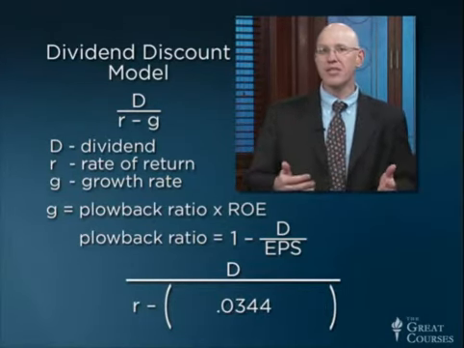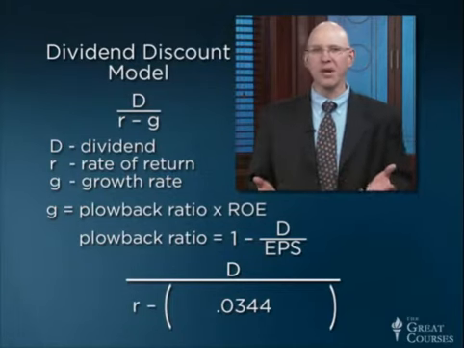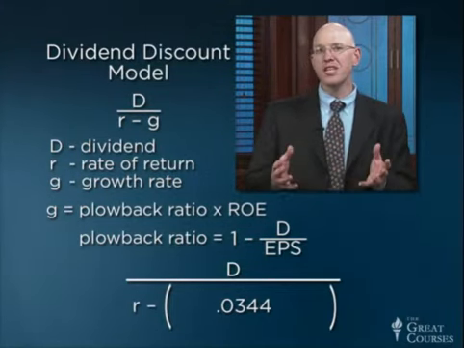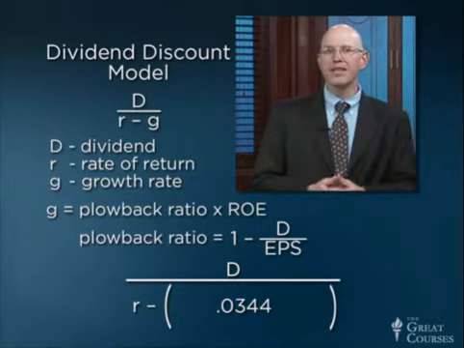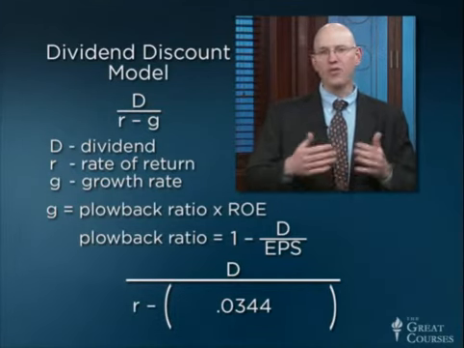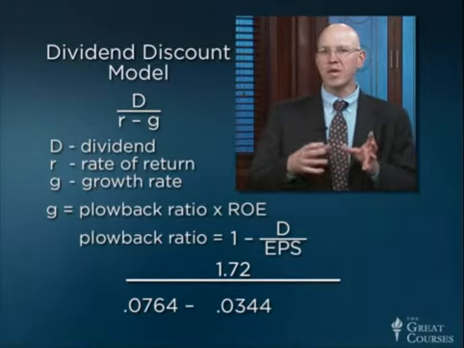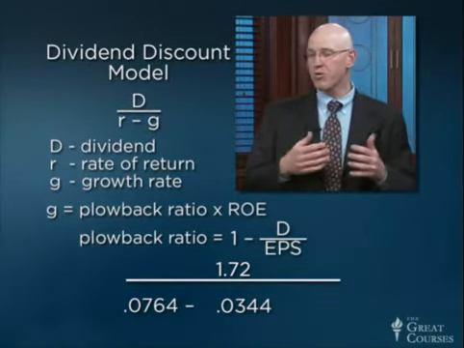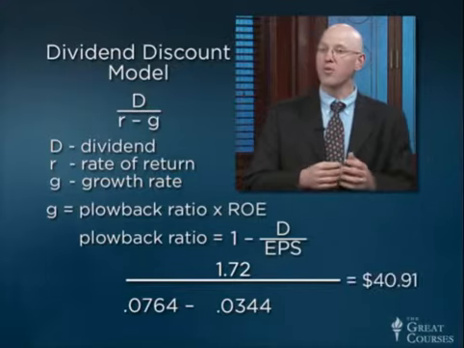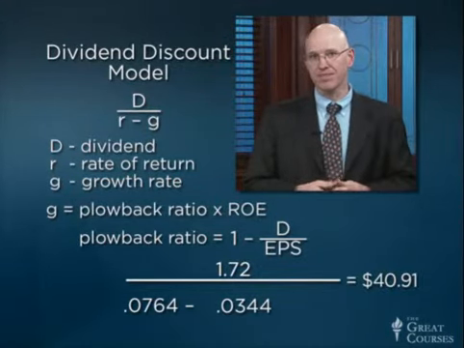This gives an even lower estimate of price than the other two methods. When we plug this G into the DDM formula, we get that the price is equal to D over R minus G, $1.72, over the difference between 0.0764 and 0.0344, which gives us $40.91.